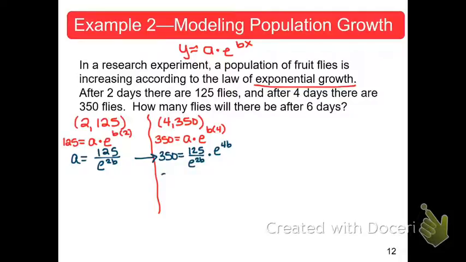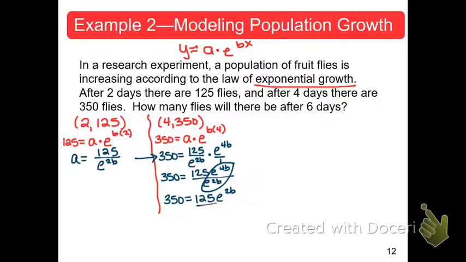Multiplying straight across, we get 125 e to the 4b divided by e to the 2b. Remember, when we divide, what do we do with our exponents? We subtract them. So we have 350 equals 125 e to the 2b.